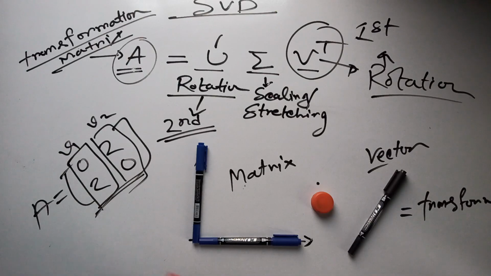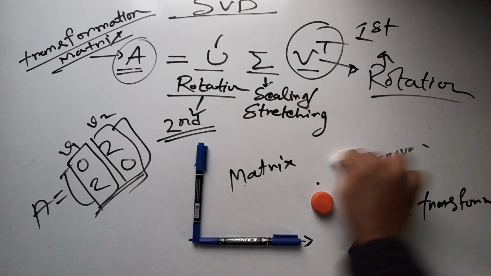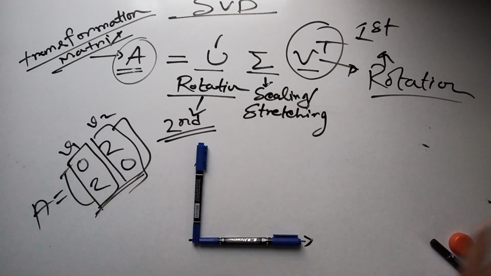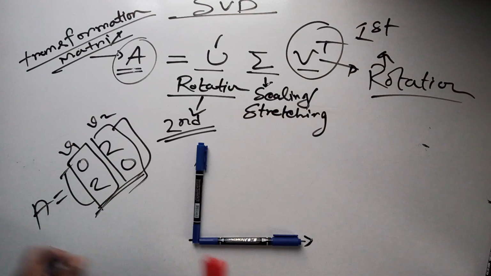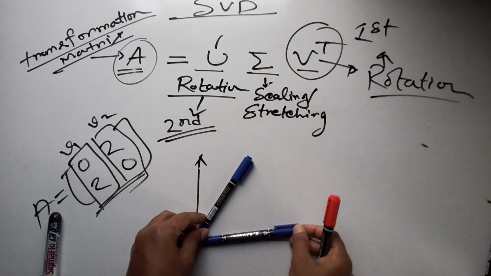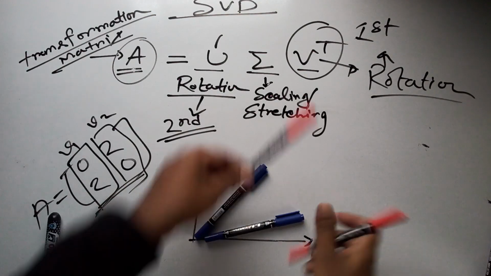Now I will show you what this transformation will look like. After multiplication, this transformation will change like this one, and this one.